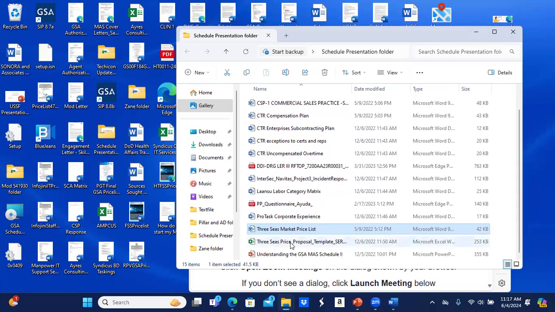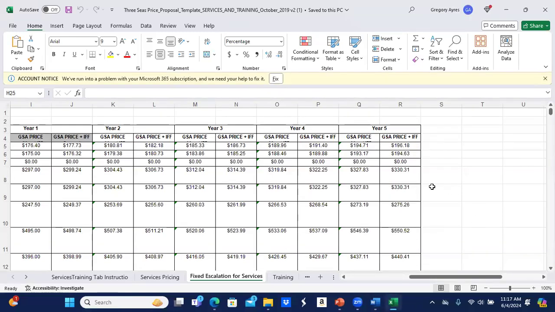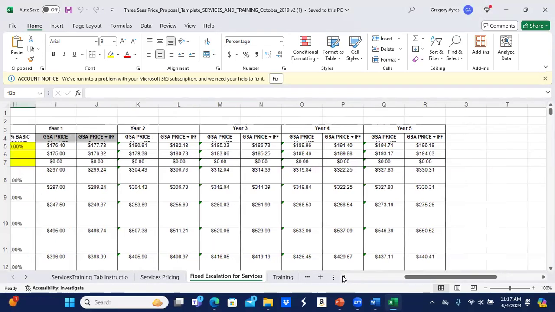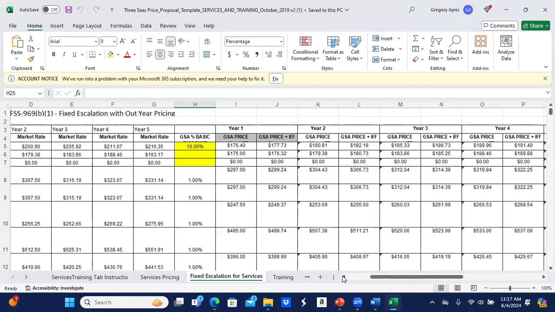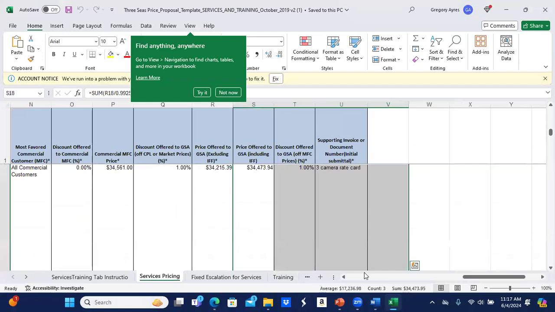And this is the biggie. This is the price proposal template. You'll probably not be able to see all of that because it's fairly large. This happens to be the escalation portion of it. This is the service pricing portion of it.